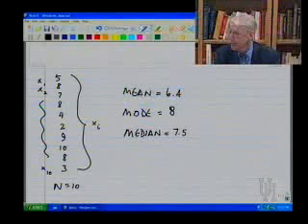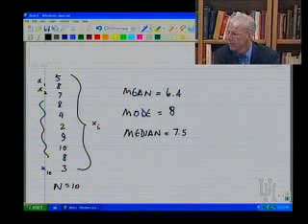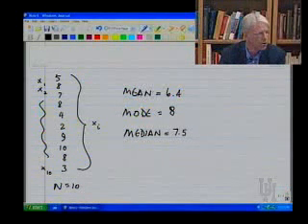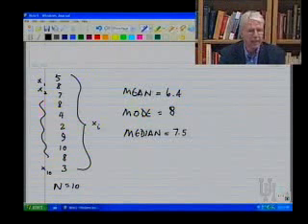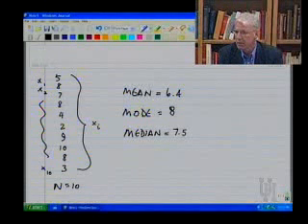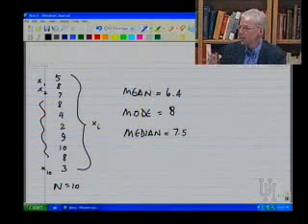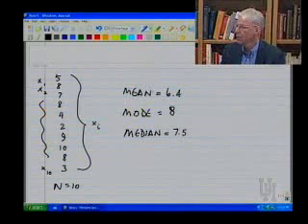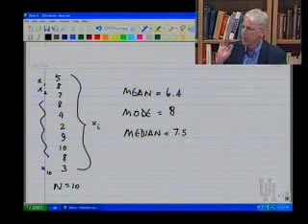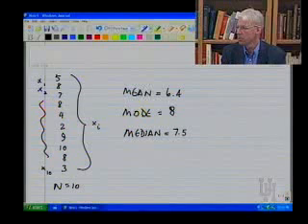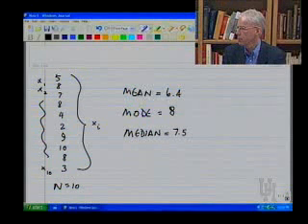Clearly that's not the case with the mode. The mode is just that score or those scores that occur most frequently. So when computing a mode, you are sensitive only to those scores that occurred most frequently.